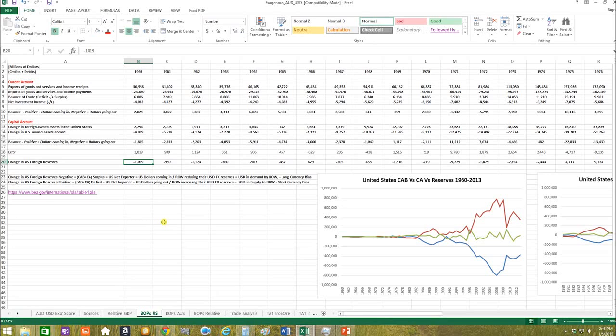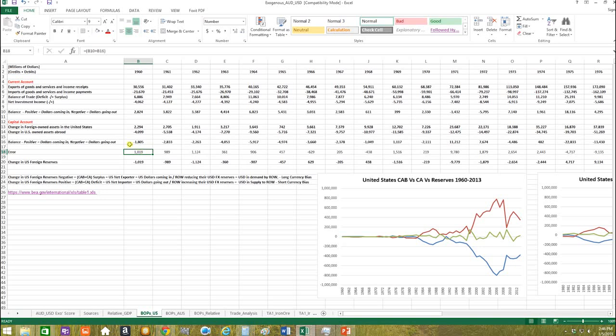So let's just go through this quickly again so we fully understand and comprehend what's going on here. If the error is positive, it means that more dollars are coming in. This number represents the amount of dollars that are coming in. But it also represents the amount by which the rest of the world's US dollar reserves are going down.